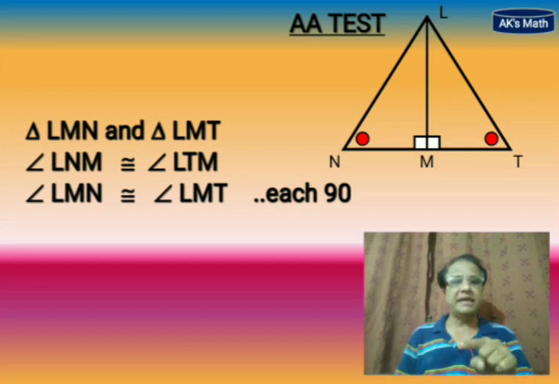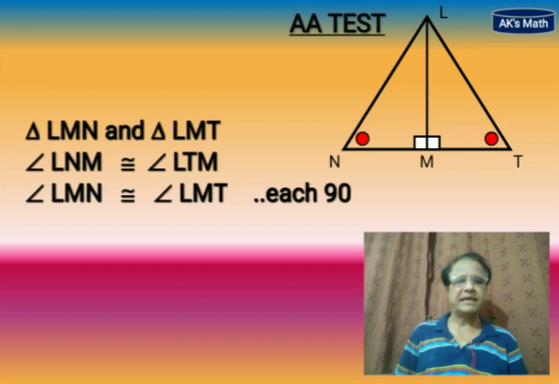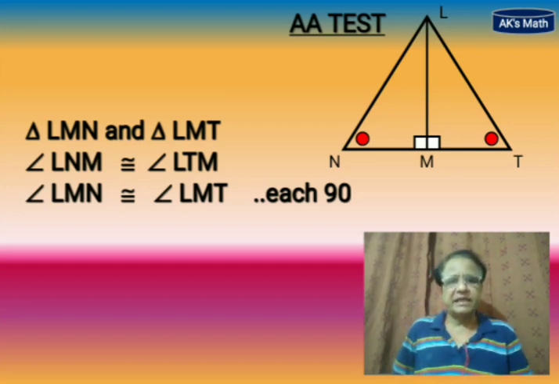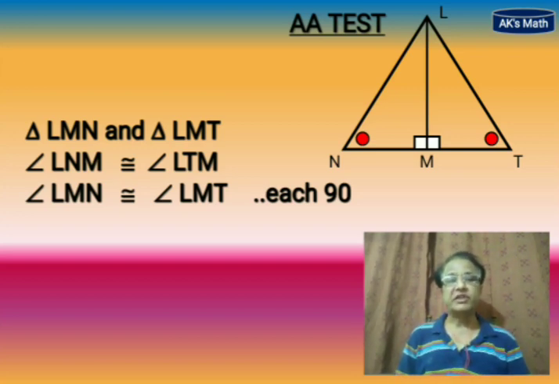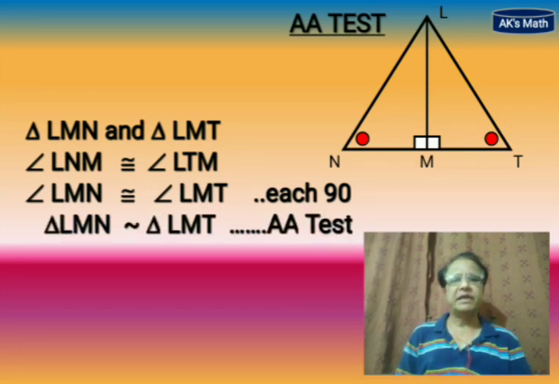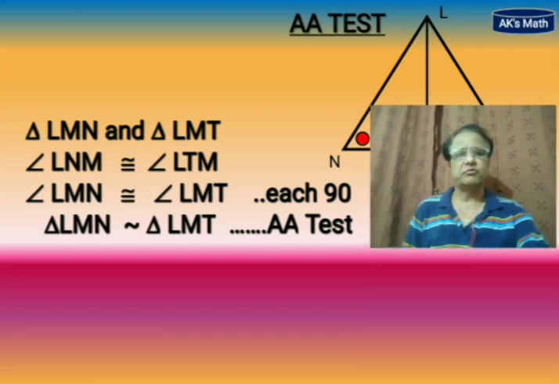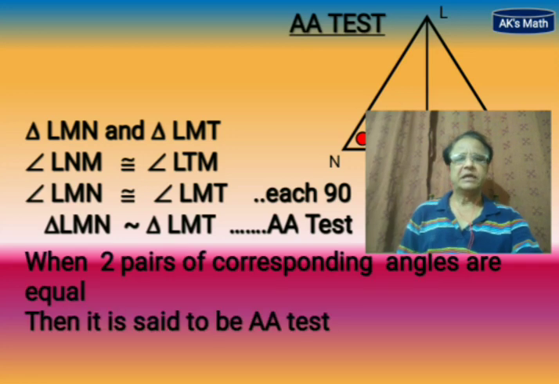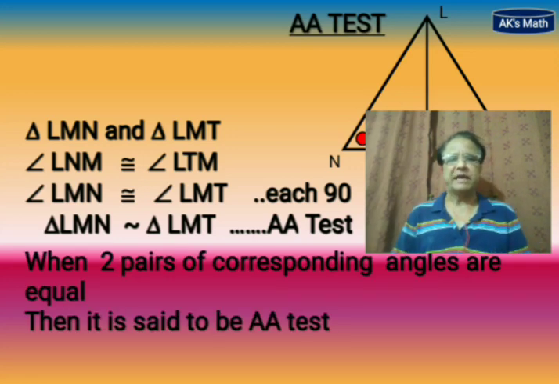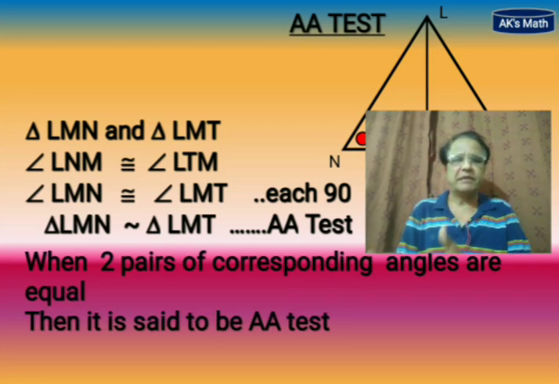And angle LMN, the middle one, and angle LMT are both 90 degrees. Right angle marking is given, so these two angles are also congruent, each 90 degrees. So we can write triangle LMN is similar to triangle LMT by AA test. Always remember, students, the AA test is when two pairs of corresponding angles are equal.